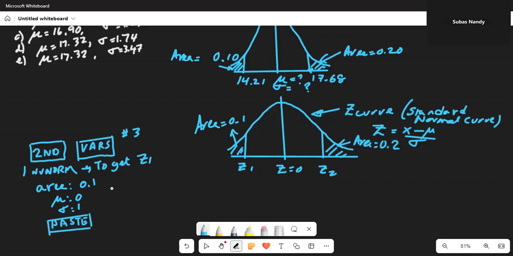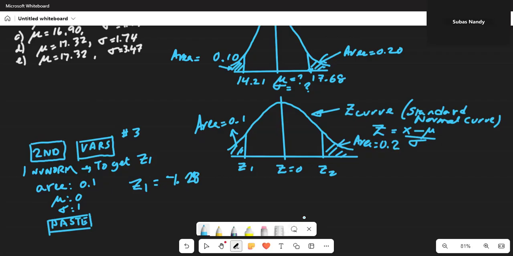Sorry, it's 0.1, not 0.2. So 0.1, and paste, enter and enter. And that particular Z1 value comes out as minus 1.28.